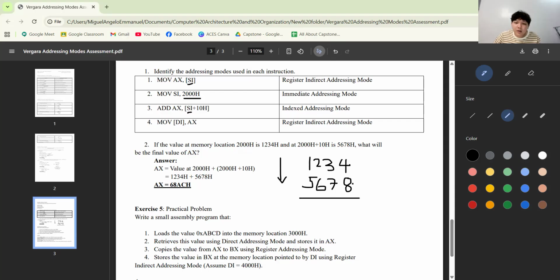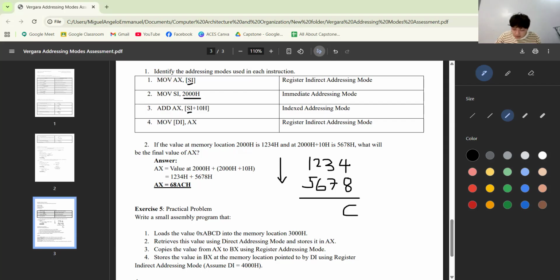So we add them. 8 plus 4 is 12. The number 12 corresponds to a specific letter, which is letter C. In binary, we only use up to 9, and when we use 2 digits, or in hexadecimal, we use the letter A for 10, B for 11, C for 12, and so on and so forth.